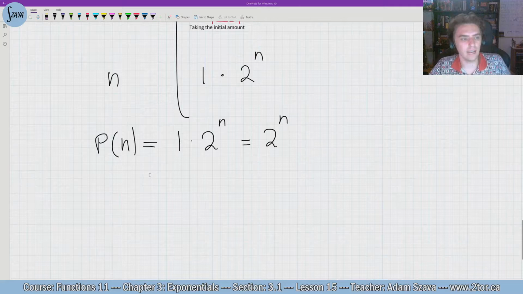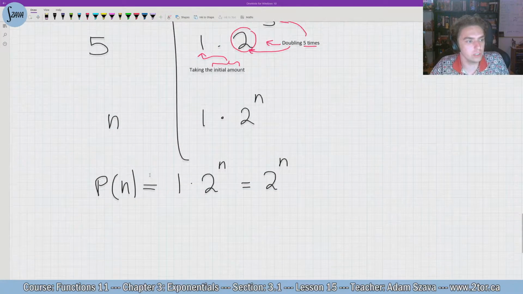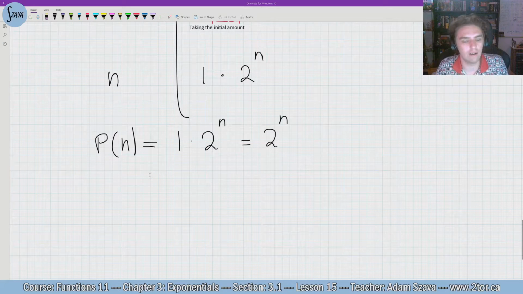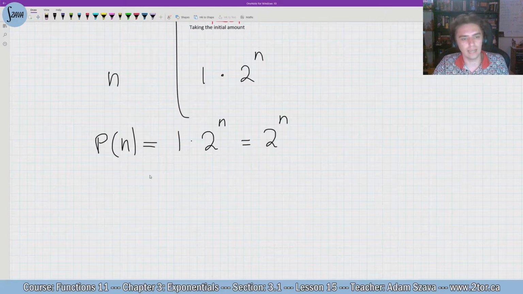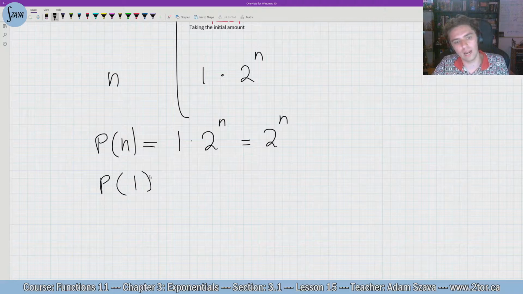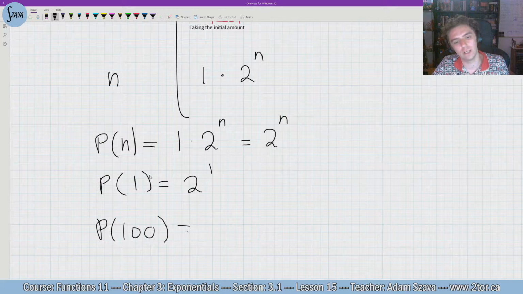So this lends us really nicely to jump right into the general form of an exponential function. An exponential function, I'll call it f of n for now. Because I can calculate now, if I work for 1 hour, it's going to be 2 to the power 1. If I work for 100 hours, it's going to be 2 to the power 100.